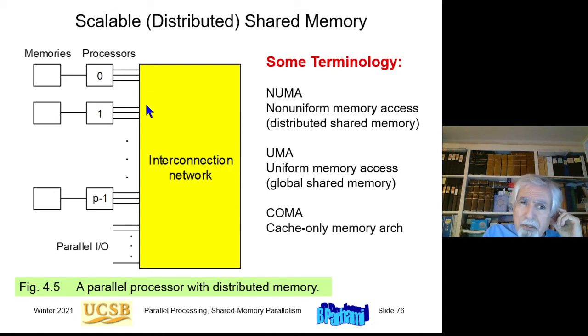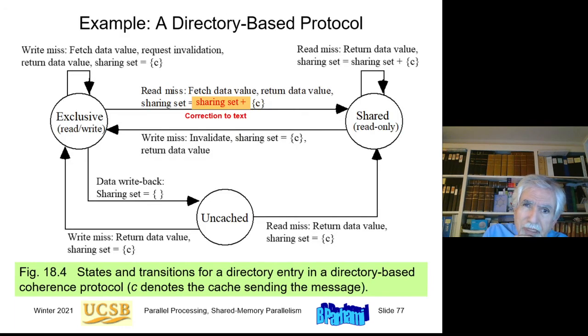So access to remote locations is slower than access to local locations. Now, in this case, if processors share data, so copies of the same data are in two different caches, we need a coherence protocol, and that's known as a directory-based protocol.